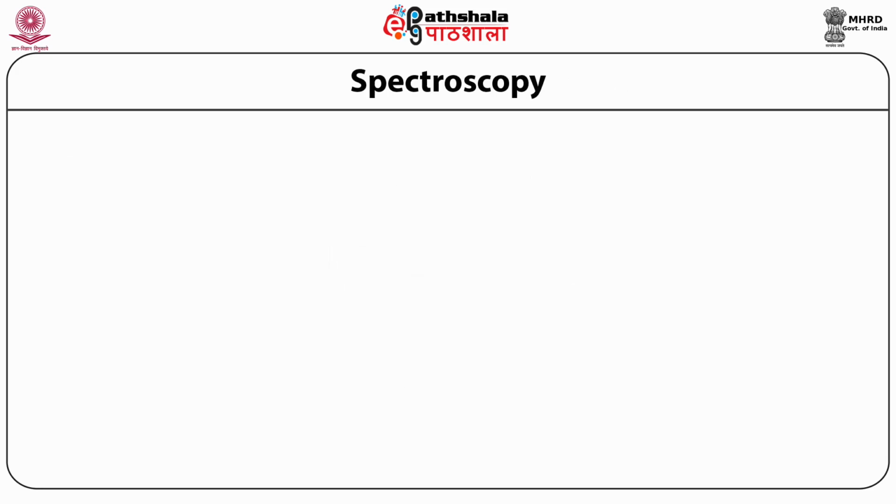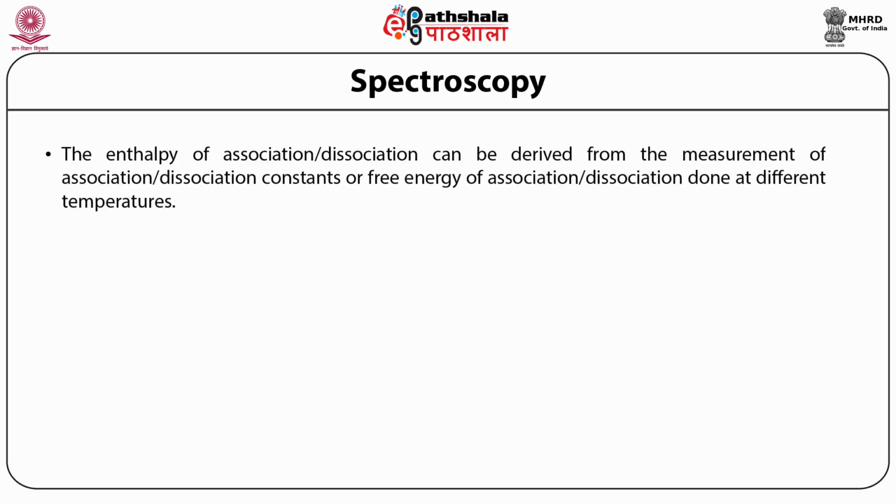Now the question is how to measure enthalpy and entropy. Enthalpy and entropy can also be measured by measuring delta G naught at different temperatures. The equation given is delta H is equal to d(delta G by T) by d(1 by T).